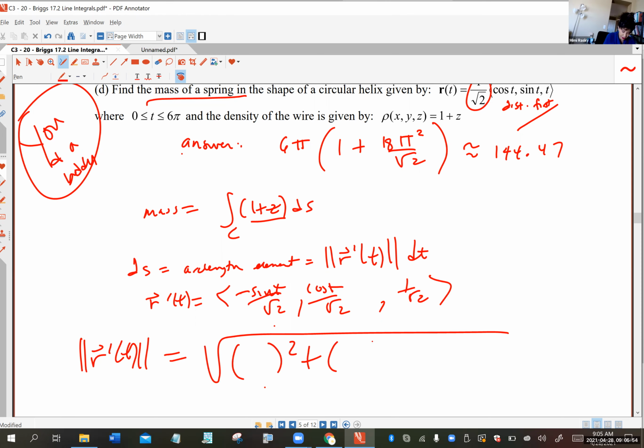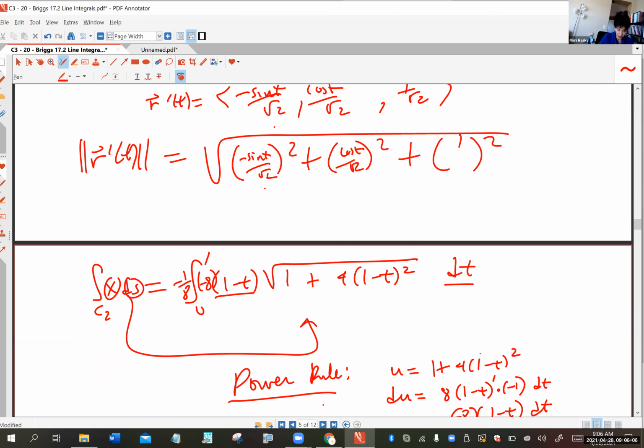So then the magnitude of r prime, that's speed, would be the square root of the sum of the squares of the components of this velocity vector. When you square square root of 2, you get 2. So here I'm going to get sine squared over 2 plus cos squared over 2 plus a half.